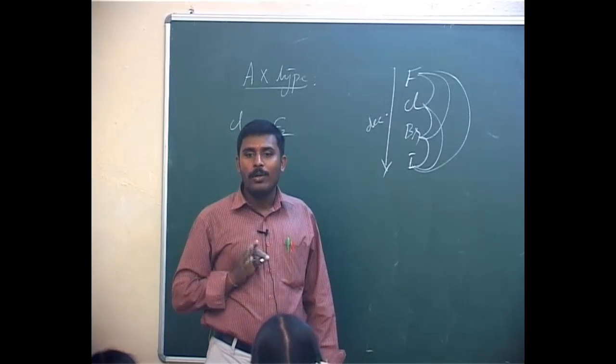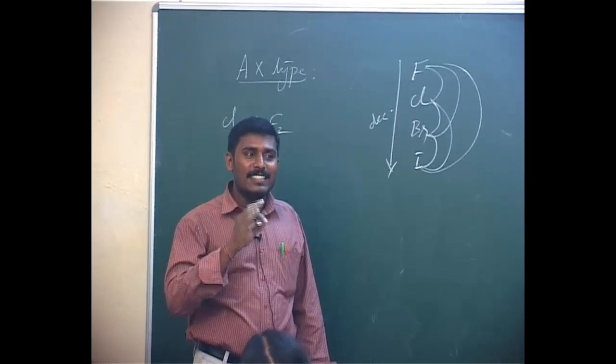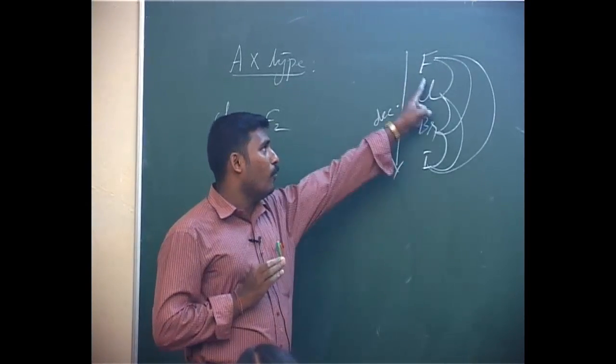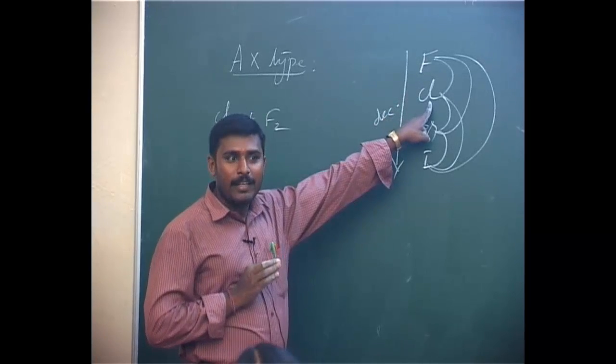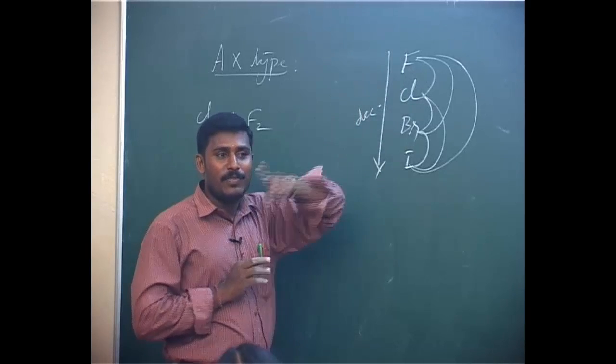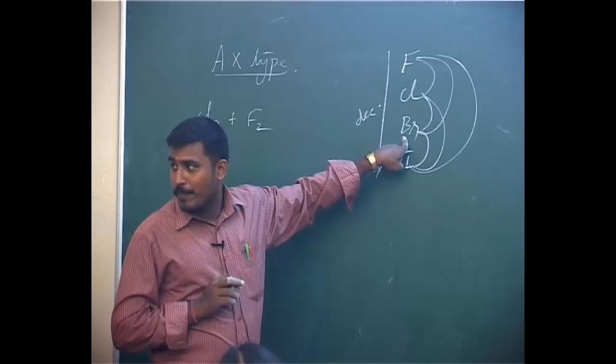As per the rule, you have to write the less electronegative element first. Suppose fluorine and chlorine are going to react, what will come first in the product? ClF, not FCl. Clear? Suppose F with Br? BrF, not FBr.